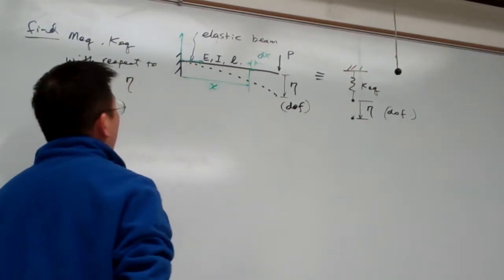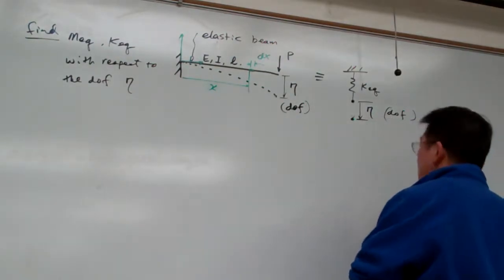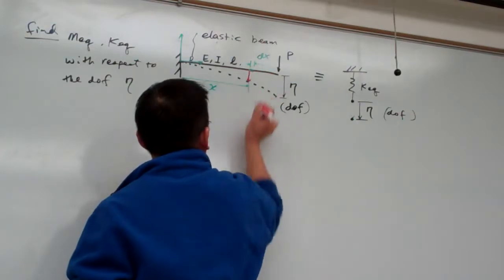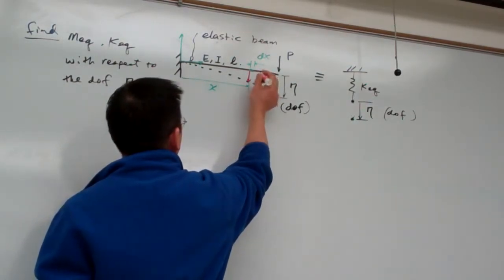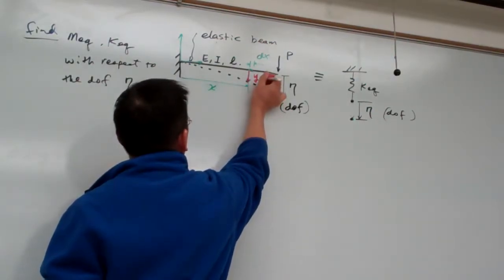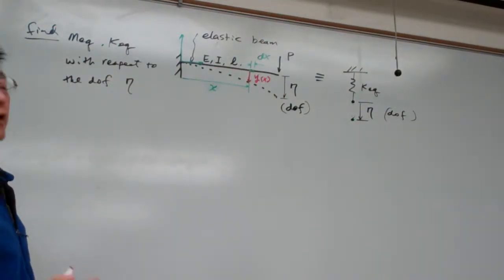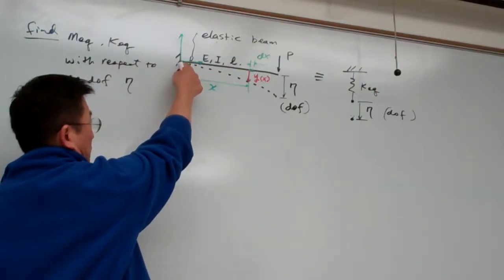For that particular element, the displacement at this point, from mechanics of materials, let me call the y-axis, is the deflection y as a function of position. For x equal to 0, that is the clamp site with 0 deflection.